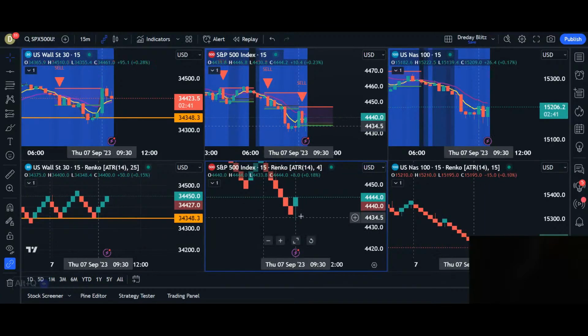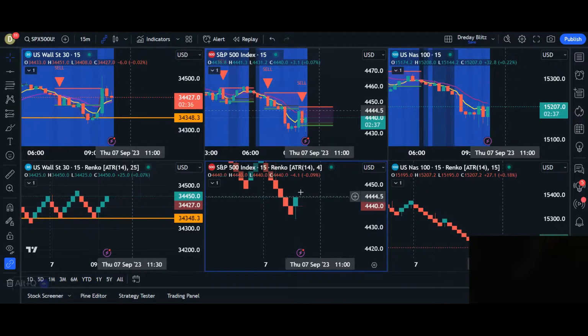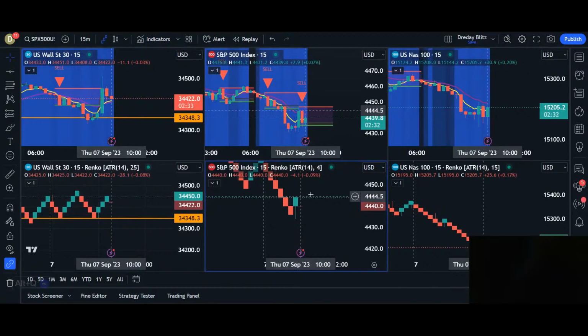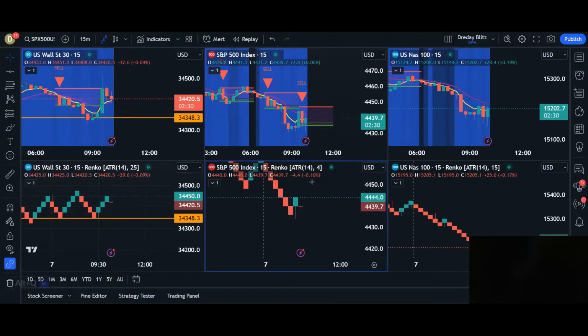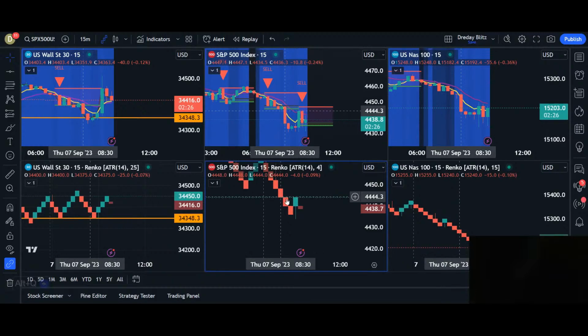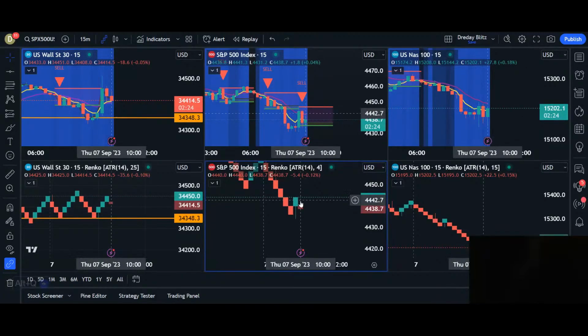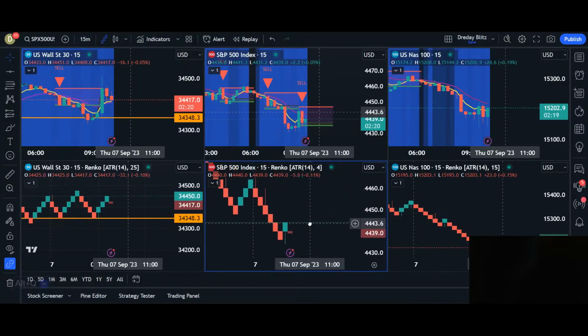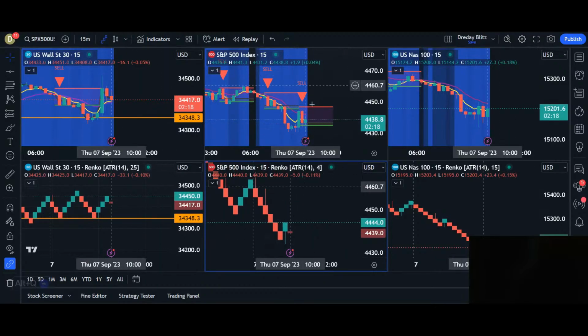So now you don't see the Renko bar. That means that it's neutral. But if you see that the Renko bar is starting to be plotted above and closes above, and it's full color and not grayed out, that means that it's confirming the trend here. But for now, we're just going to wait it out.